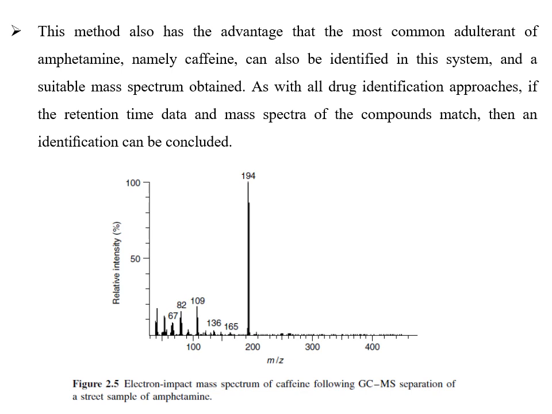As with all drug identification approaches, if the retention time data and the mass spectra of the compound as well as the standard match, then an identification can be concluded. After confirmation of the particular amphetamine derivative in the sample, it can further be quantified by using a suitable analytical technique, and its exact quantity present in the street sample can be calculated.